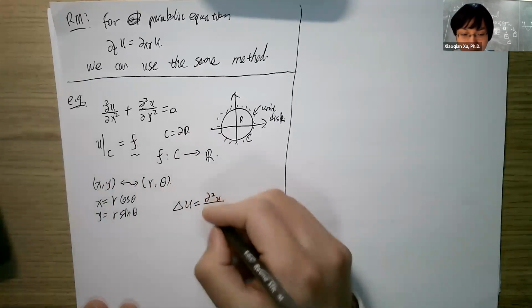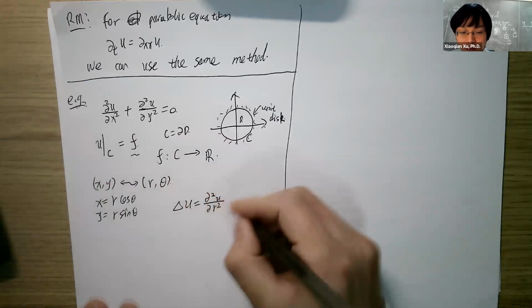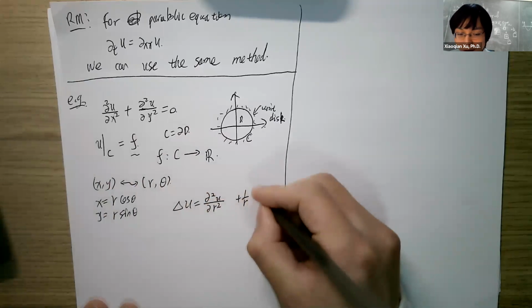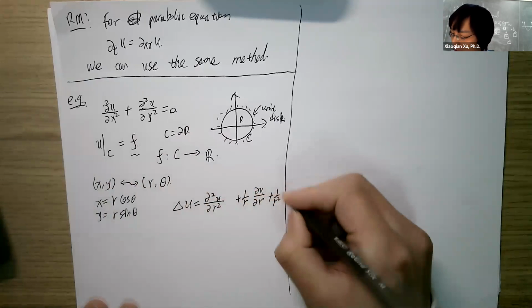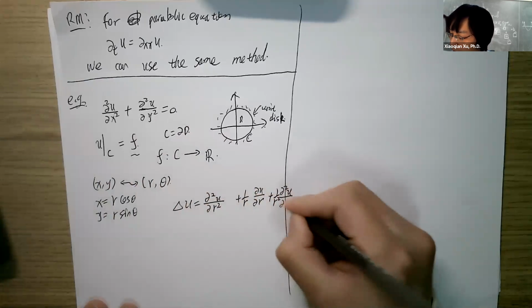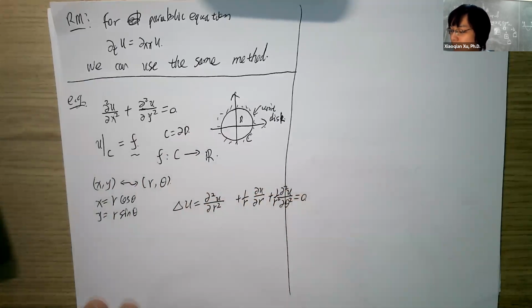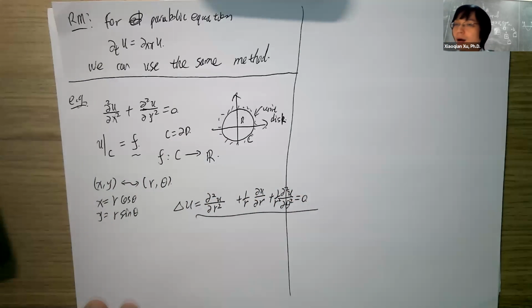Partial square U over partial r squared plus 1 over r partial U partial r plus 1 over r squared partial square U over partial theta squared. So the Laplace equation becomes this one. Looks very ugly, but we have to deal with it.